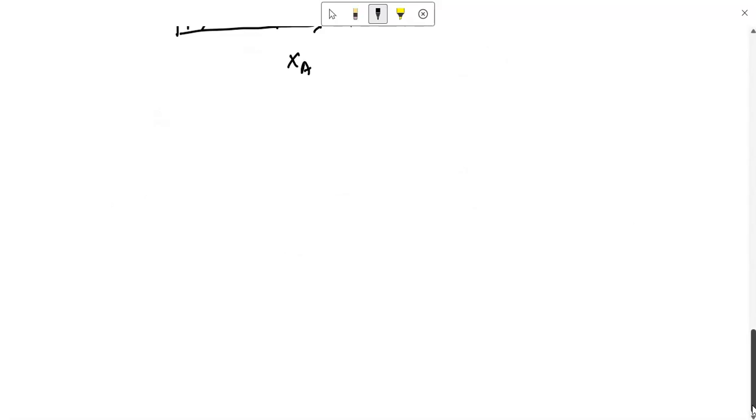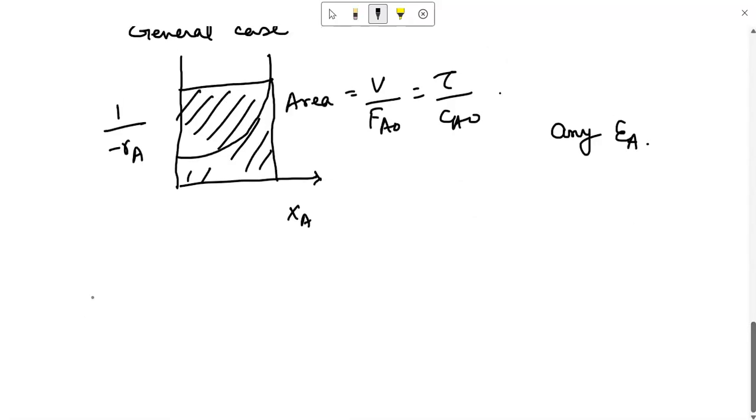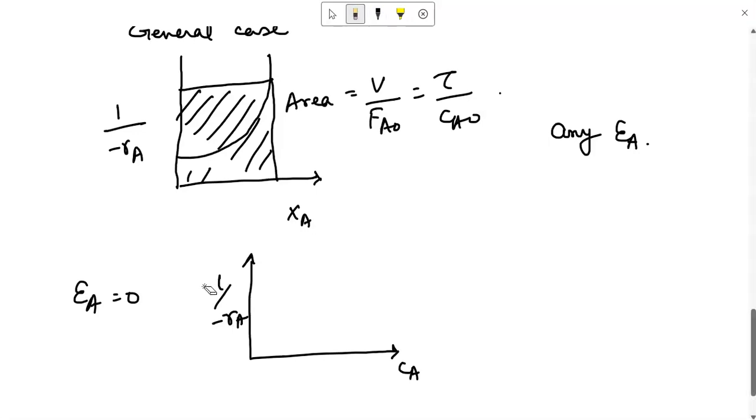But if you know for certain that epsilon A equals 0, that is, for a constant density system, then you can directly plot with respect to concentration. So on the x-axis you plot Ca, and on the y-axis you have the reciprocal of the rate. Sorry, I shouldn't write minus over here. Then you get a curve like this.